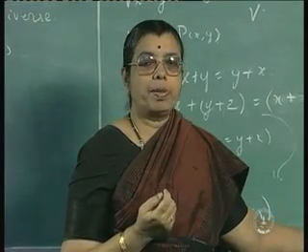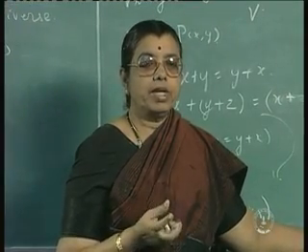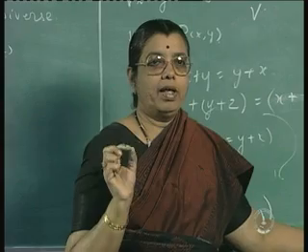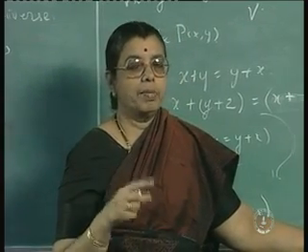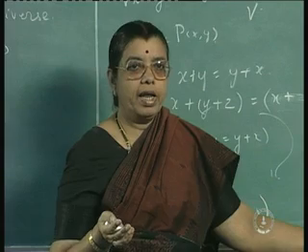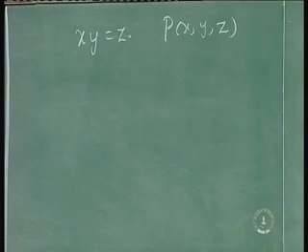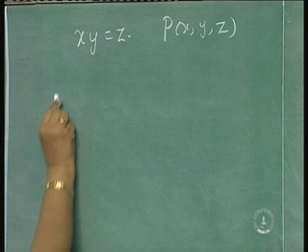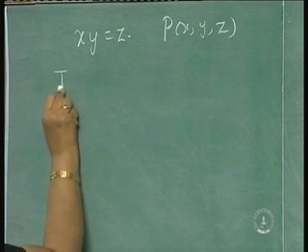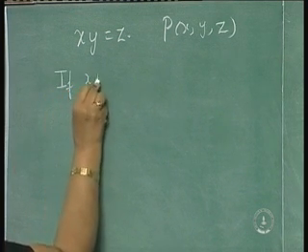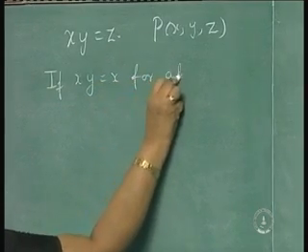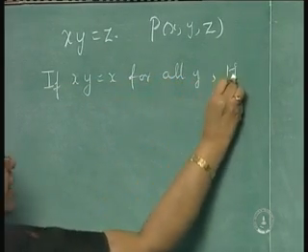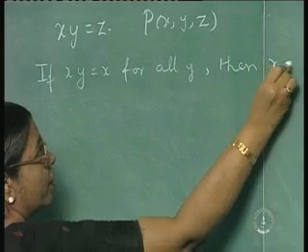You have to use parentheses properly, so that it is clear which quantifier is binding which portion. If you do not, the meaning may become entirely different and you may write wrong sentences. Now, if xy is equal to x for all y, then x is equal to 0.